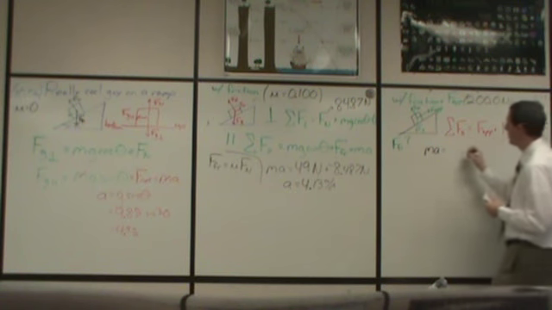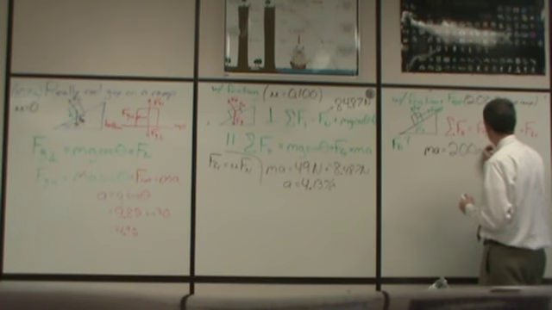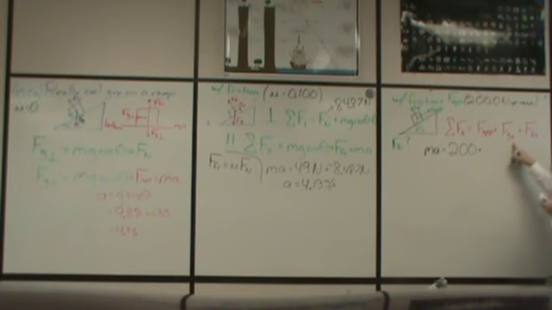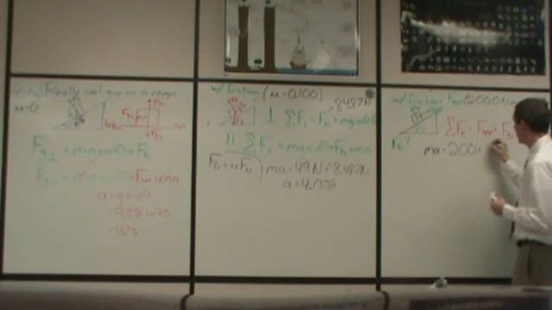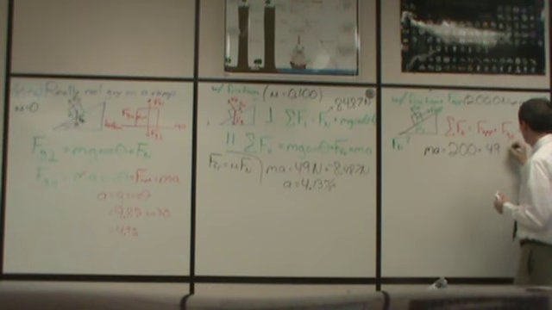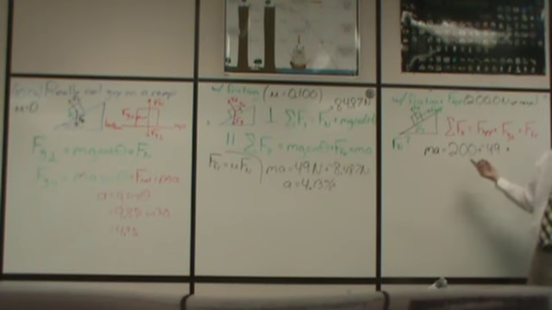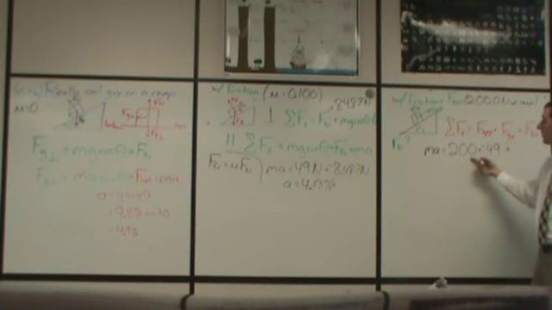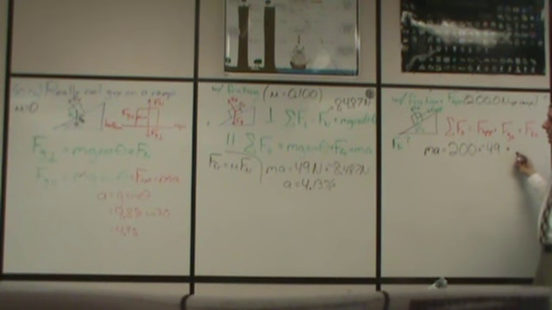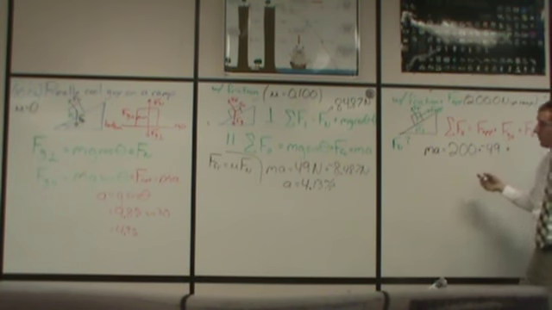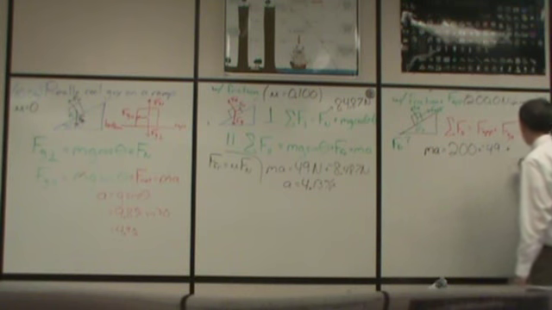So my applied force is 200, given in the problem. The force of gravity parallel hasn't changed. It's still down the ramp. It's still mg sine theta. It's still 49 newtons. And then I add to that my force of friction. At this point, I can assign a negative to this. I can see that my applied force is much larger than my gravitational force down, and so therefore the friction is going to oppose that force. So my friction is going to be a negative value, and since my normal force hasn't changed and my coefficient hasn't changed from the previous section, this friction force is still going to be the 8.487.